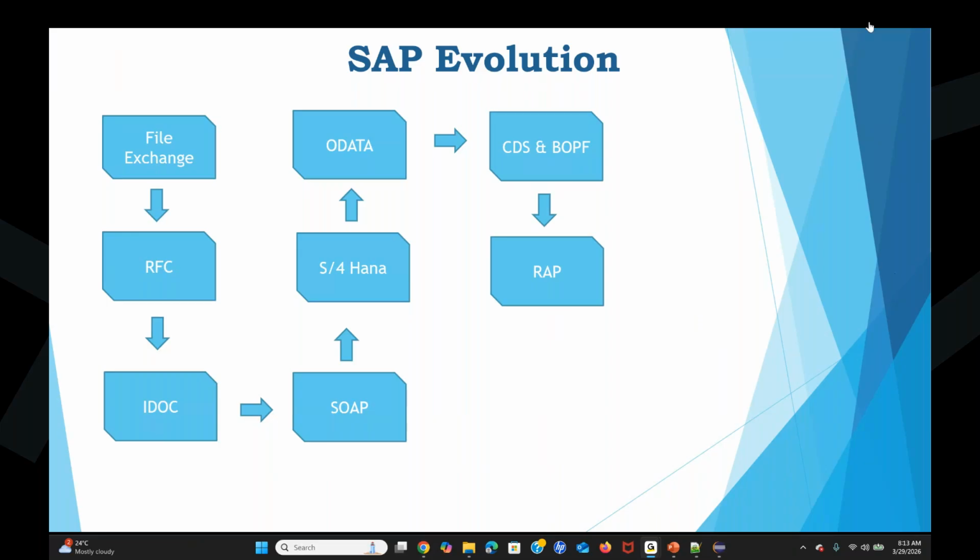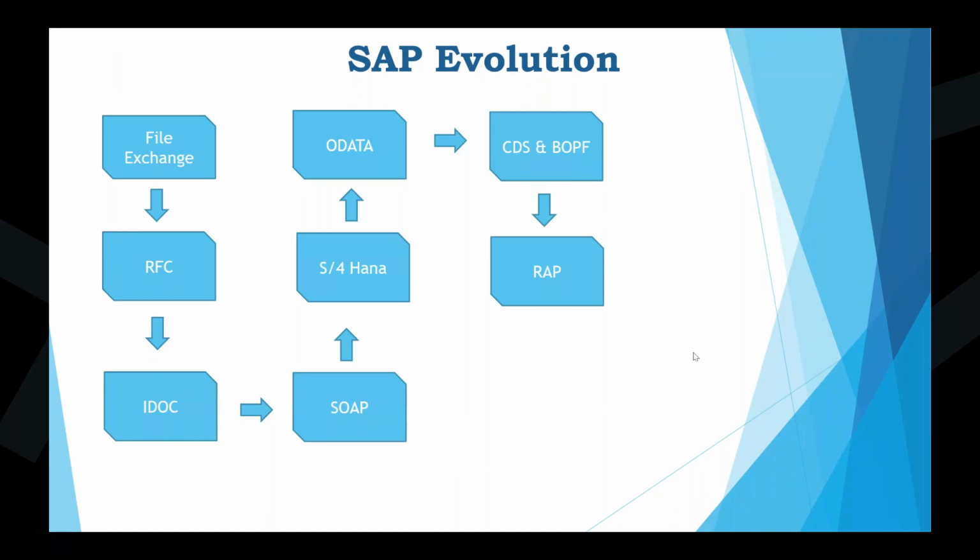From the SAP architecture and technology perspective, the first one is called the file exchange. I'm not talking about sequence. It is nothing but a file interface. An interface based on file exchange is one of the oldest techniques to provide data from SAP to a third-party system.